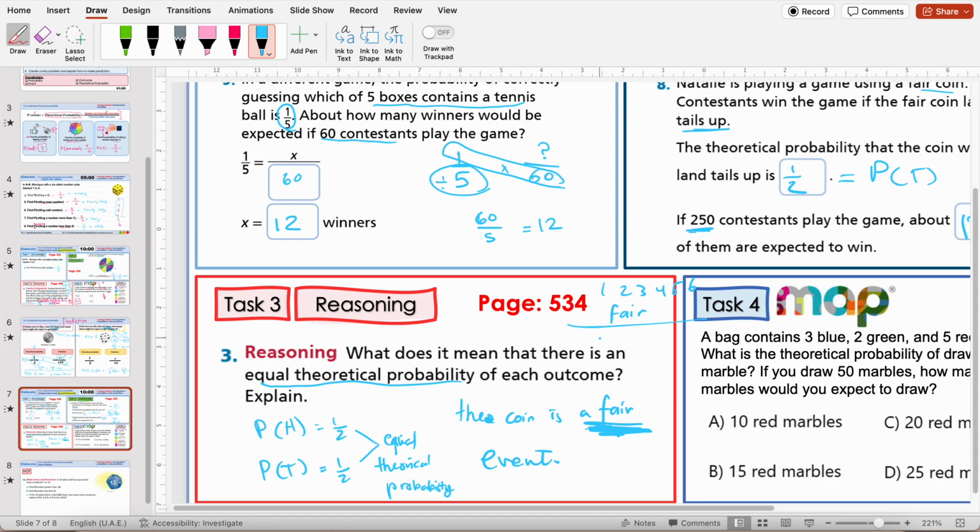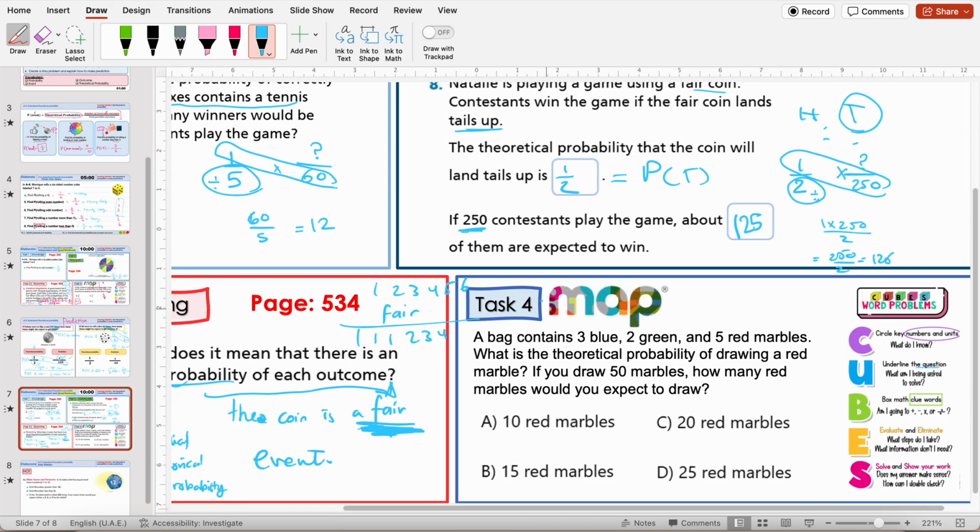But it's not fair if you're going to have 1, 1, 1, 2, 3, 4. That's totally not fair because one has a higher chance than the others. So once you have equal theoretical probability, it means directly it's a fair event. Why? Because we just explained it here. You can explain further. Okay?